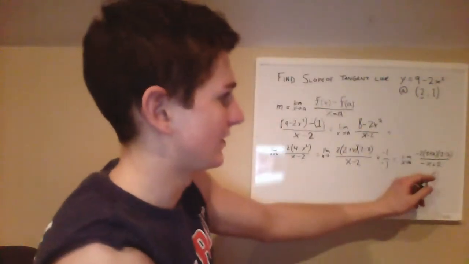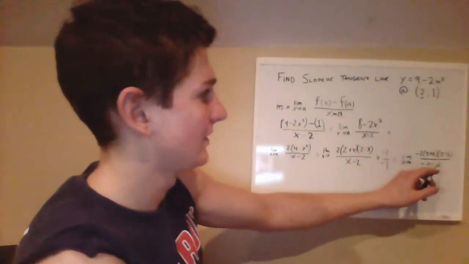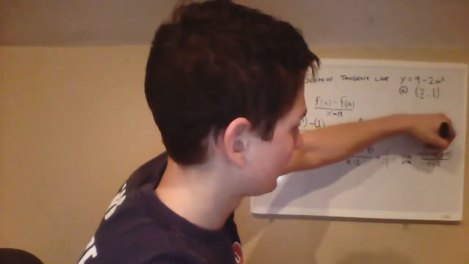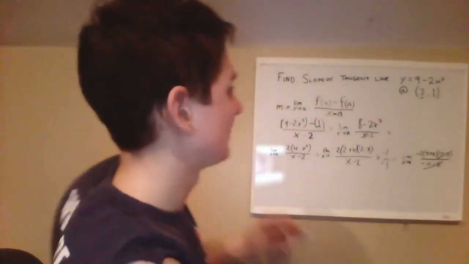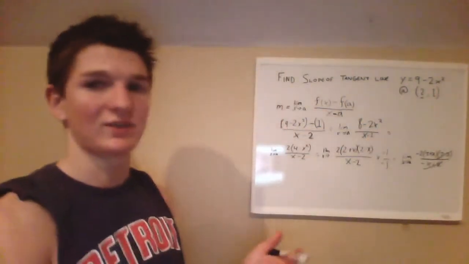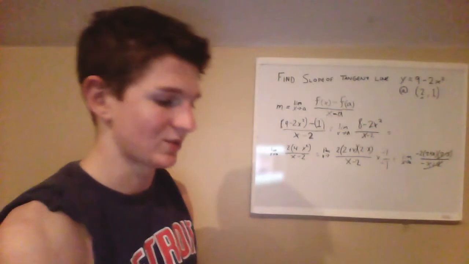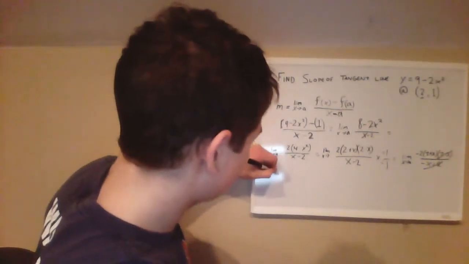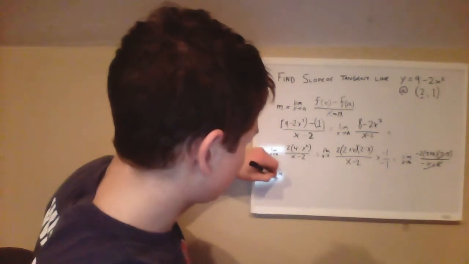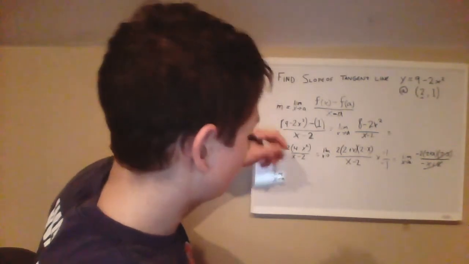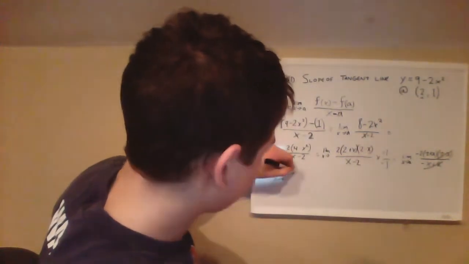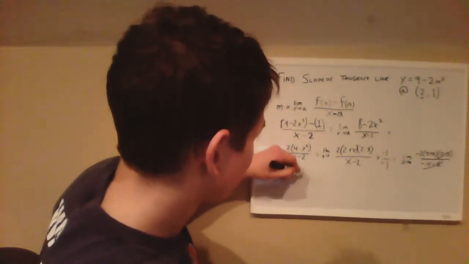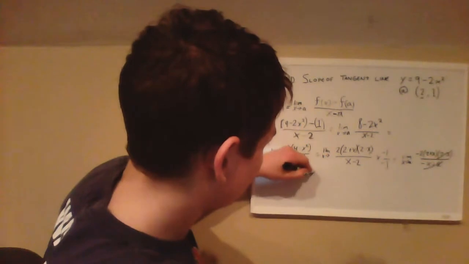This is essentially 2 minus x, and this is the same thing up here, so these two can cancel. We're only left with stuff in the numerator, which is what we were aiming for. And so we get the limit as x approaches a of negative 2 times 2 plus x.